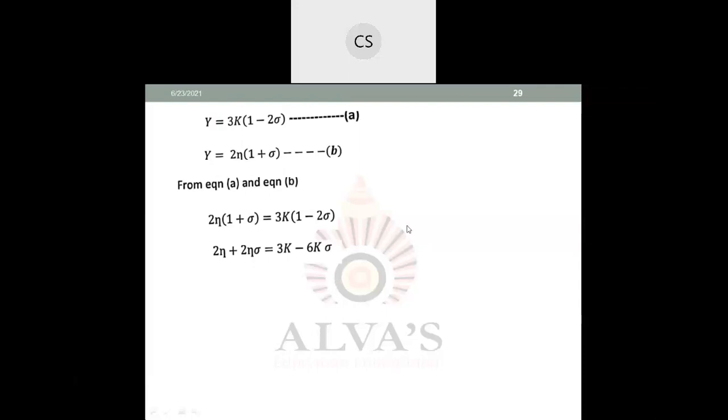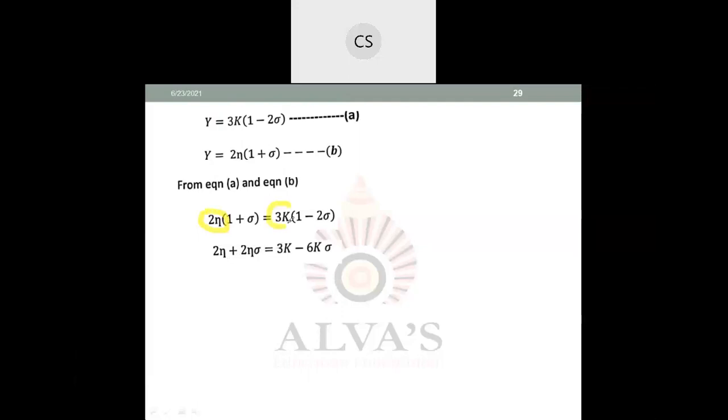Now we take 2 eta inside the bracket, so it becomes 2 eta plus 2 eta sigma.